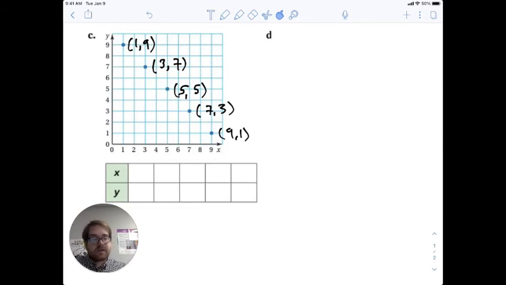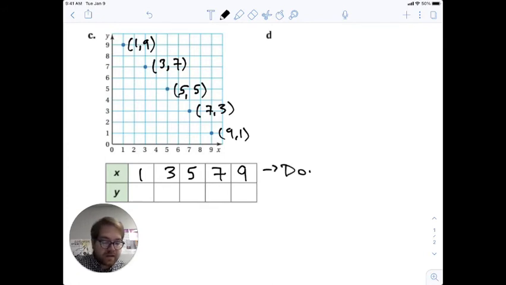And so what are the x values of my function? It's right here, here, here, here, and here, right? That first number. So 1, 3, 5, 7, and 9 are all of the x values. And so that's the domain of this function. Those are all the numbers that I can put into my function.